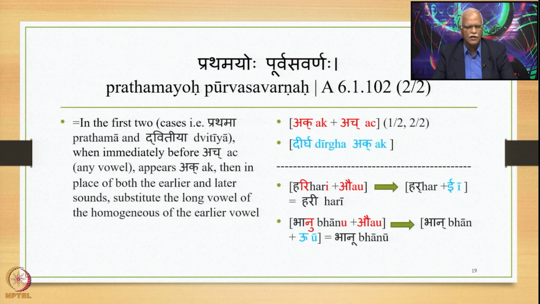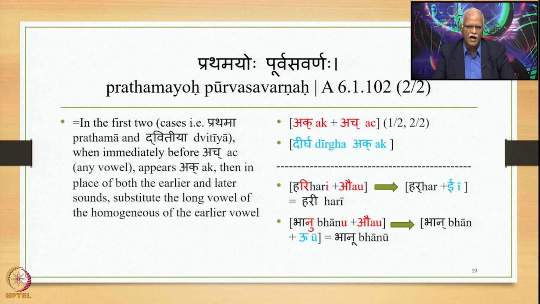I repeat, in the first two cases, when immediately before ach, that means any vowel, ak appears, then in place of both the earlier and latter sounds, namely ak and ach, substitute the long vowel homogeneous with the earlier vowel, namely ak.